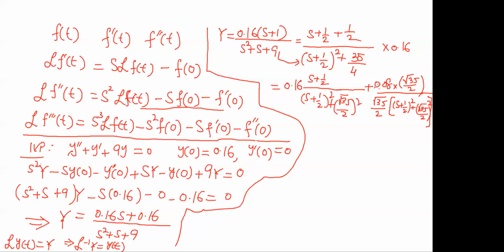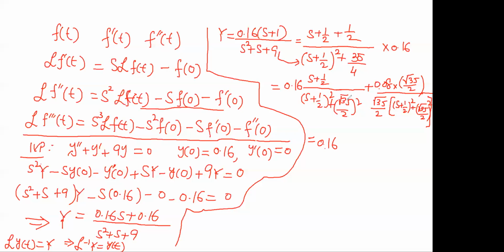So here you can see it's like this. By writing like this, I have now written it in a standard form. So 0.16. In this case, if you just take s plus 1 by 2 as, say, s, it is s squared, and then take this term as the omega.